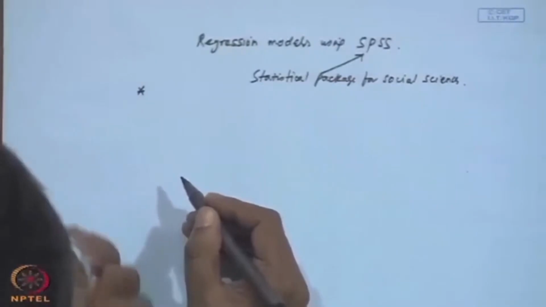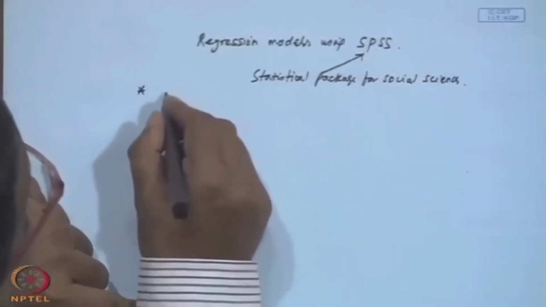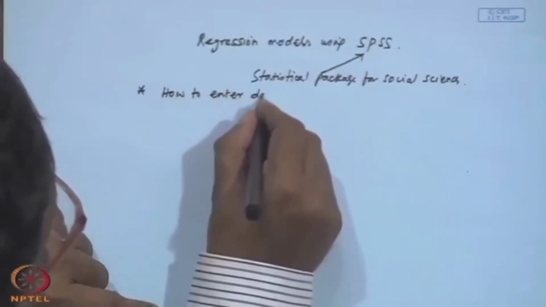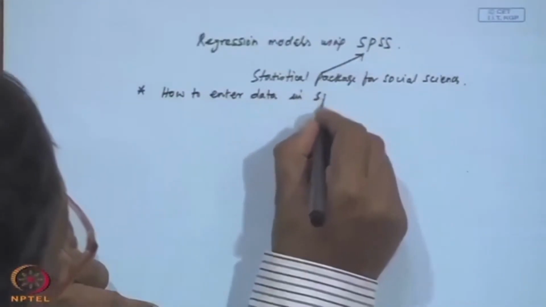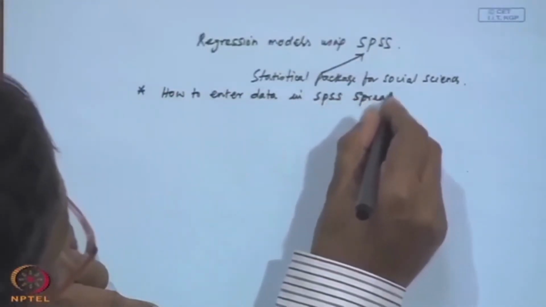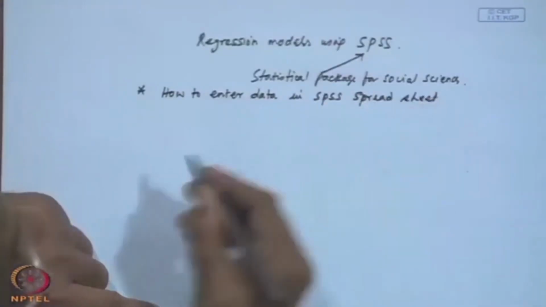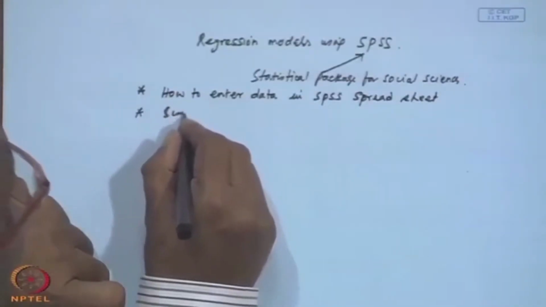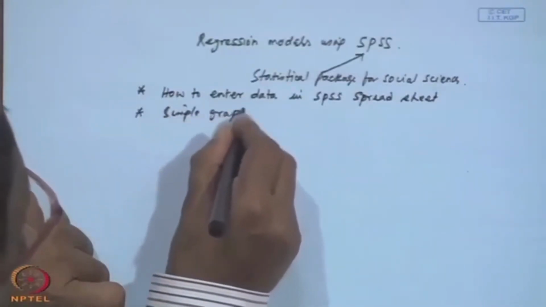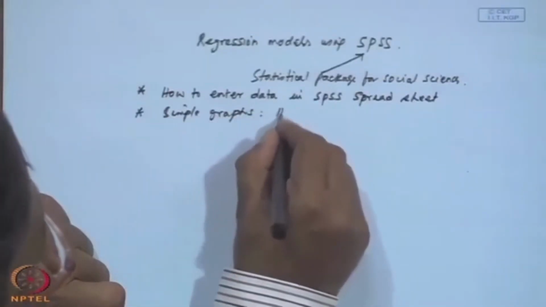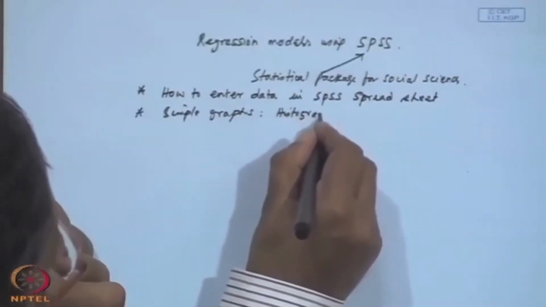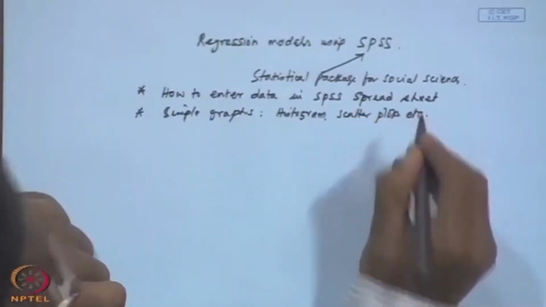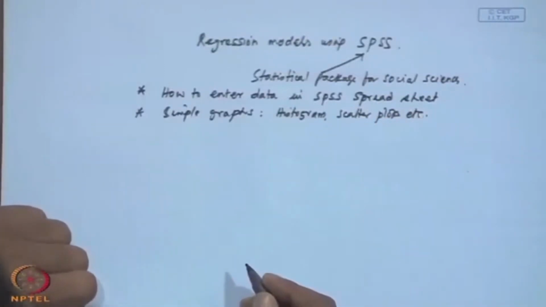So, what we will discuss now: I will first show you how to enter data in the SPSS spreadsheet. Then we will see how some simple graphs, for example histogram, scatter plot, etc., can be made using SPSS.